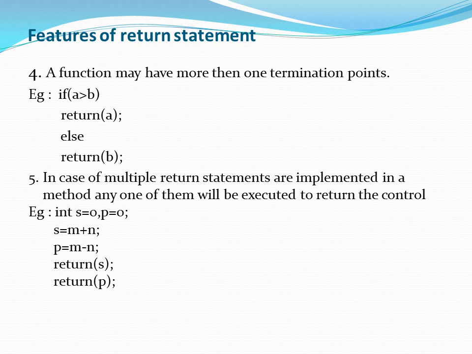In case multiple return statements are present in a method, only one of them will be executed. In this example, the first return statement will return the value from the called module to the caller module. The next return statement will not be executed at all.